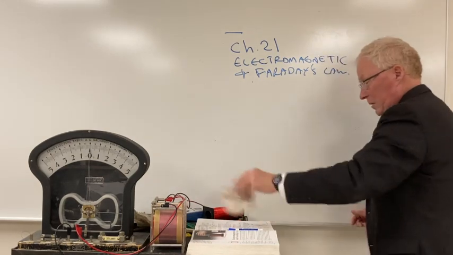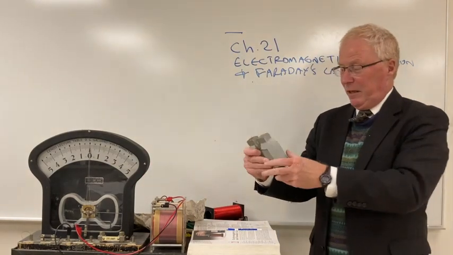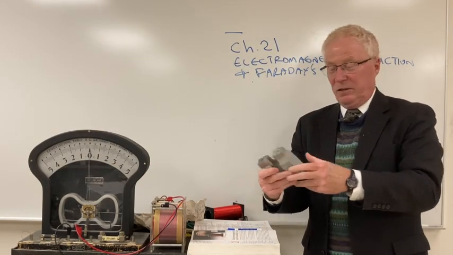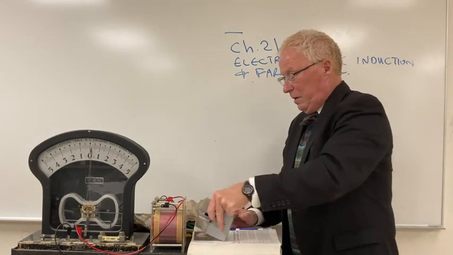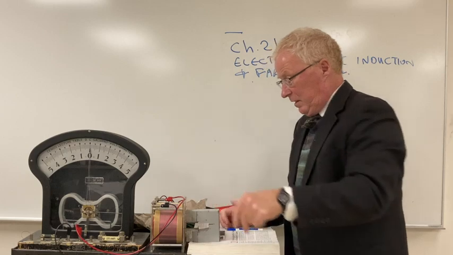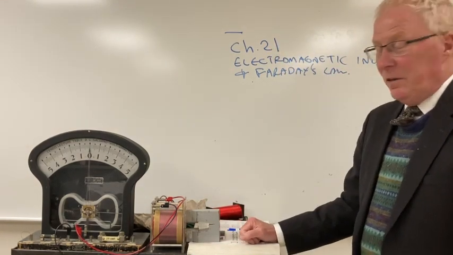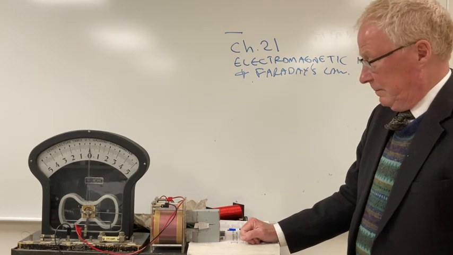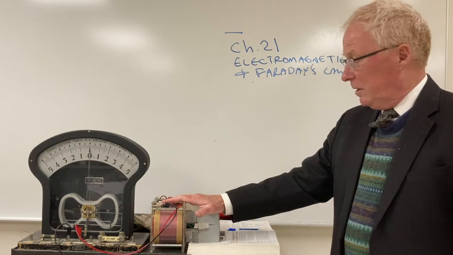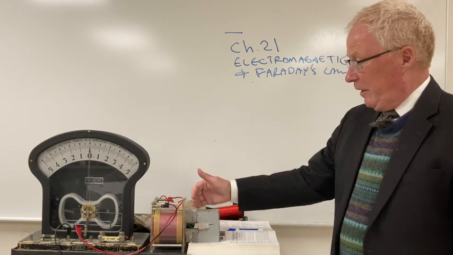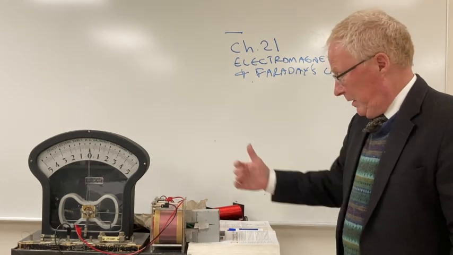So we take this, we have an already made magnet, a standard permanent magnet, and what we'll do is just leave this next to this coil, and you can see what happens: nothing. If there's no change in magnetic field, or what we call magnetic flux, going through this, nothing happens.